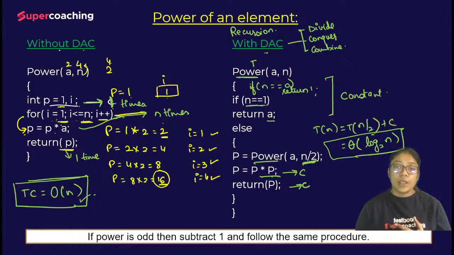So I'm just asking: are you comfortable with how we are writing the recurrence relation? Quickly give me the confirmation if it's clear. Come on, guys.